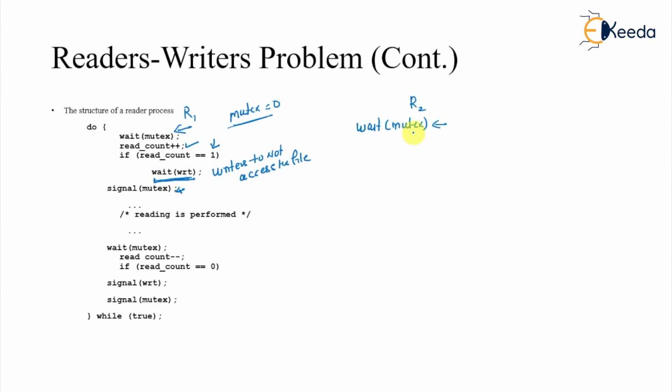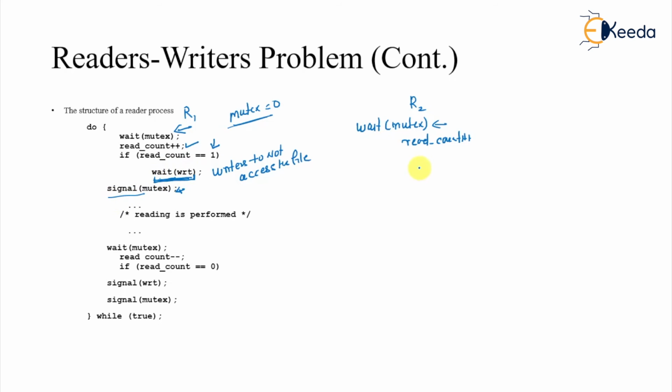The moment signal mutex occurs, another reader will go and increment the read count. Other readers will not execute wait WRT, because it has already been done by the first reader. Only the first reader does this; it is not required for the others.